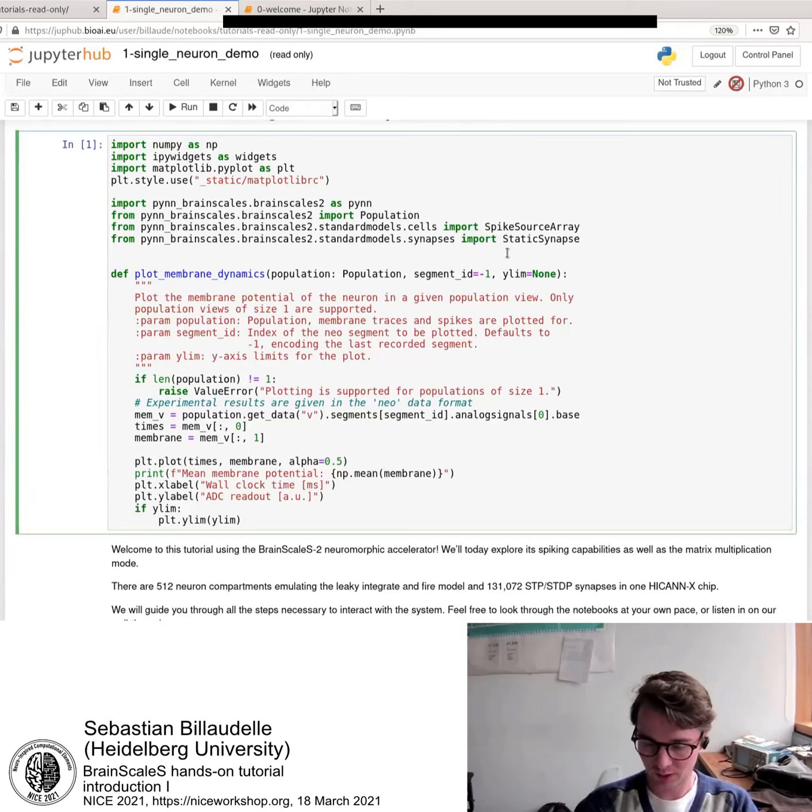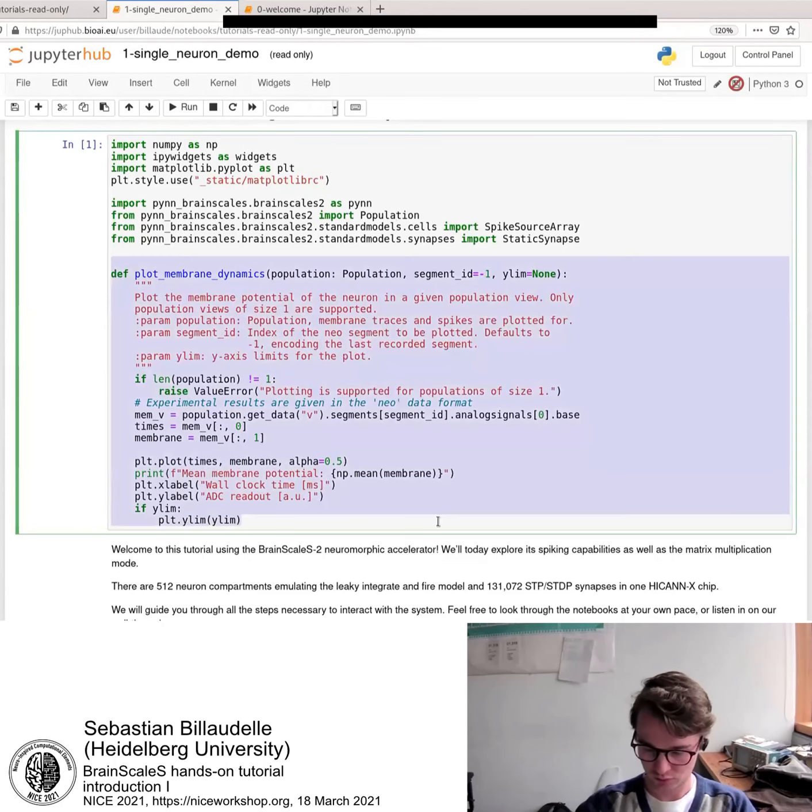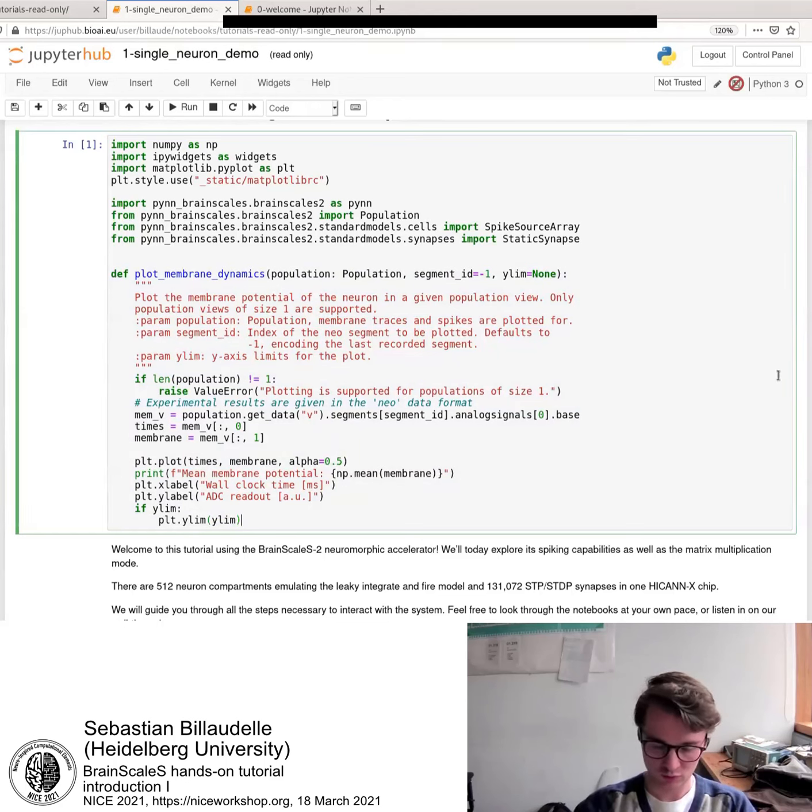We provide a backend for that Python package. It's called PyNN BrainScaleS 2, and this package will allow you to configure and set up your network graph and execute experiments on the hardware from a very high level perspective. The only other thing that remains here is we define a helper function to plot some membrane traces, just to remove some clutter from the code.